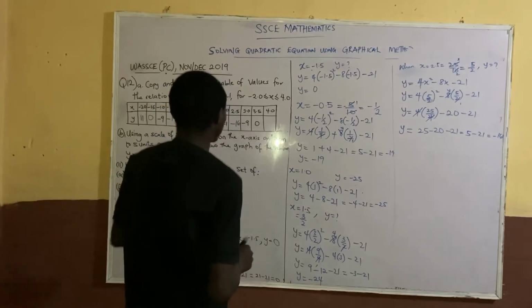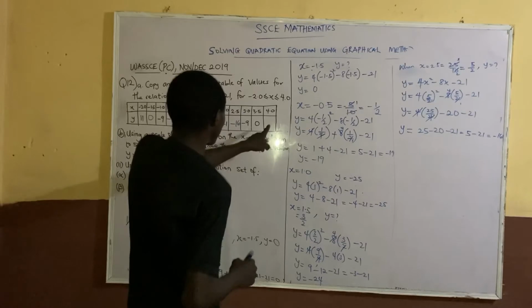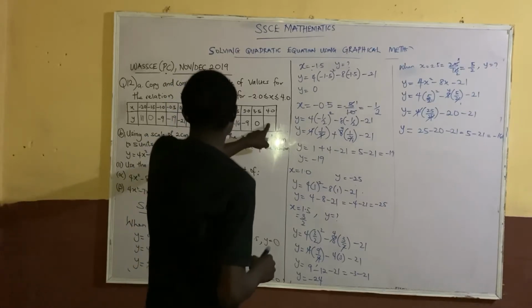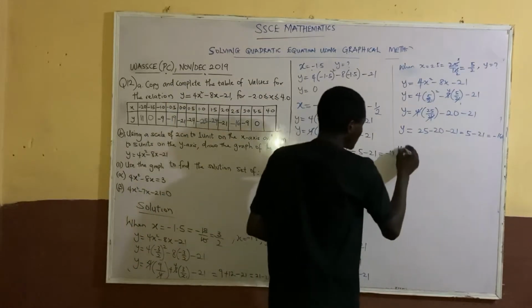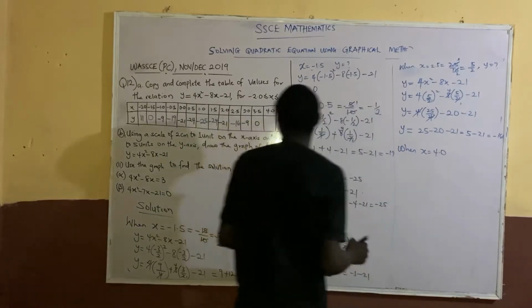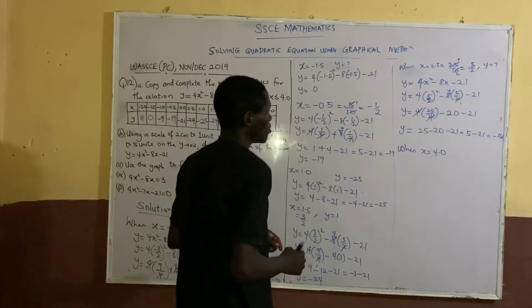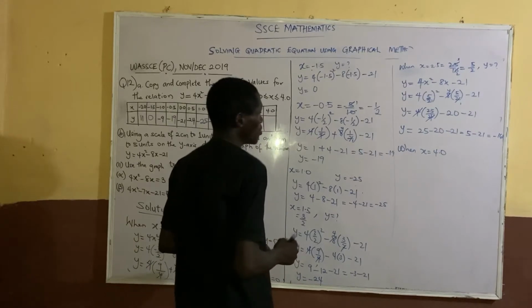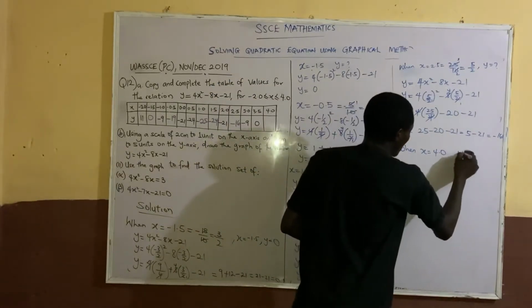Now the last one here is when x is equal to 4.0. So what is our y?